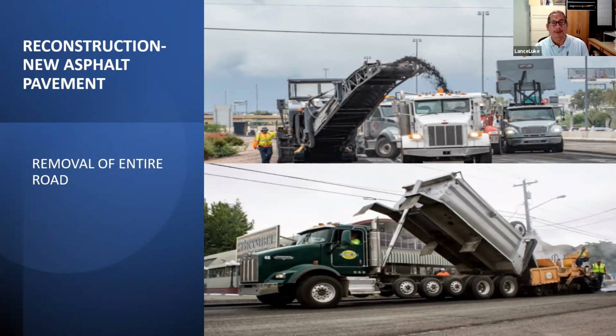It's the most expensive, but it's the best method because you're getting down to the base, you're getting down to solid dirt, and you're basically installing a new road, and you have control over the grades and the drainage and all that. When you're doing an overlay, it's hard to control grade and drainage because you're still dealing with the bottom half of the existing road surface.